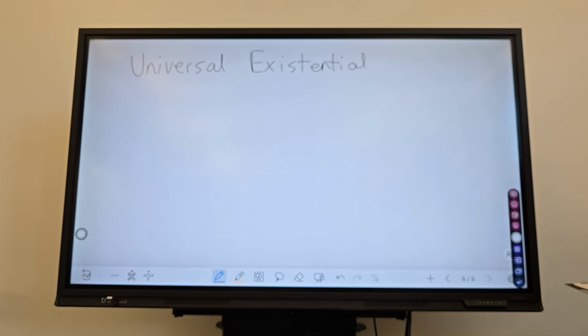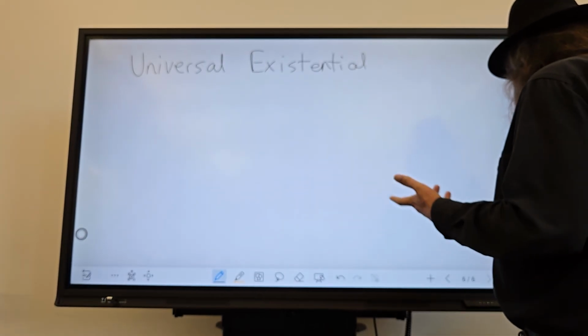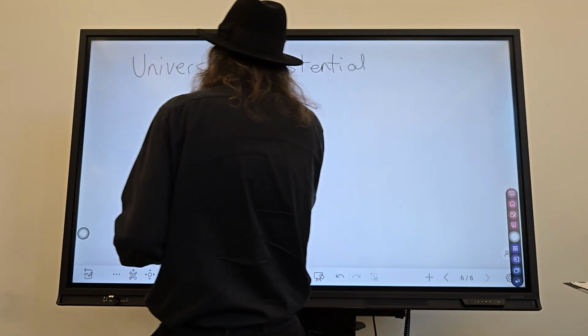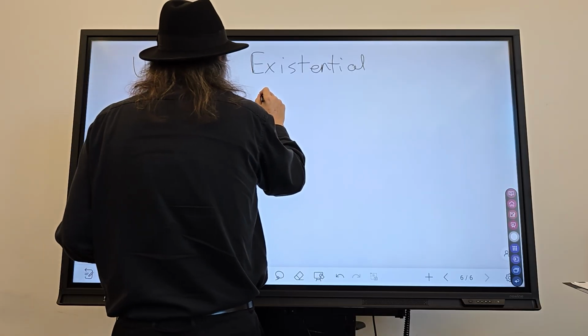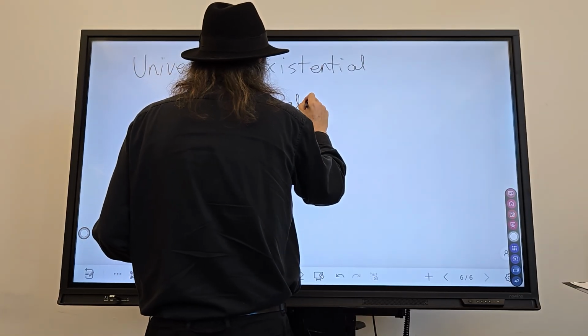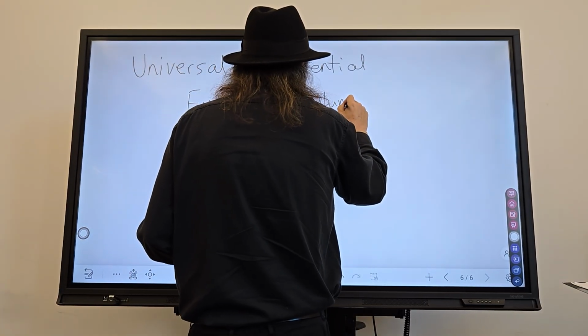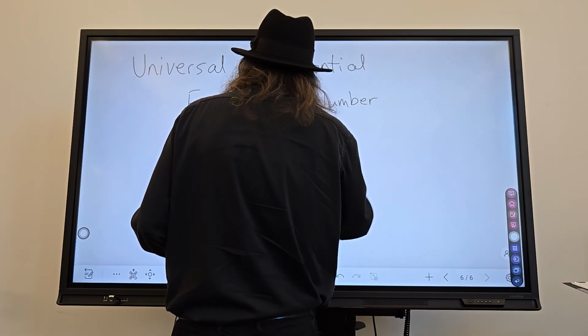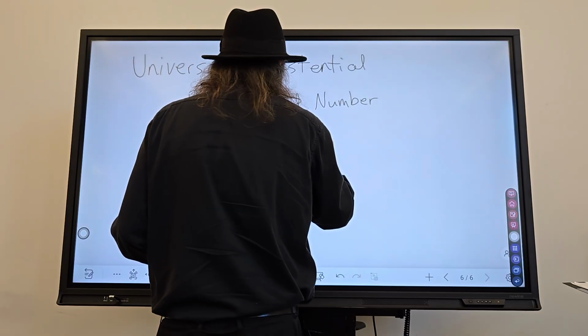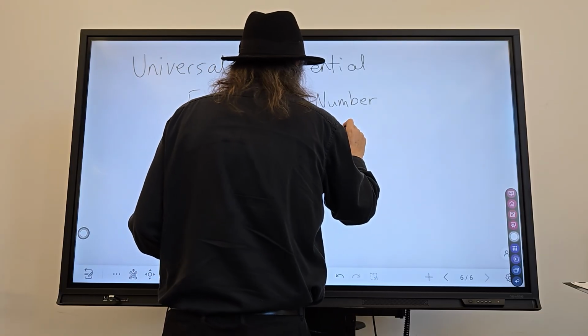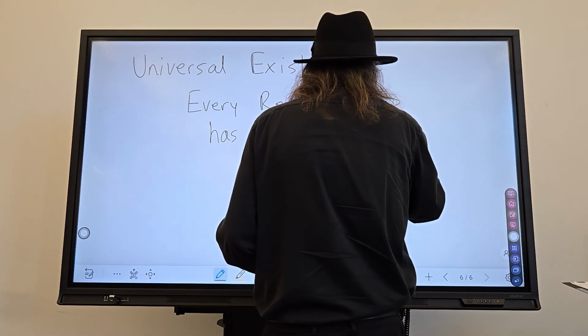The second part asserts the existence of something. So, example, every real number has an additive inverse.